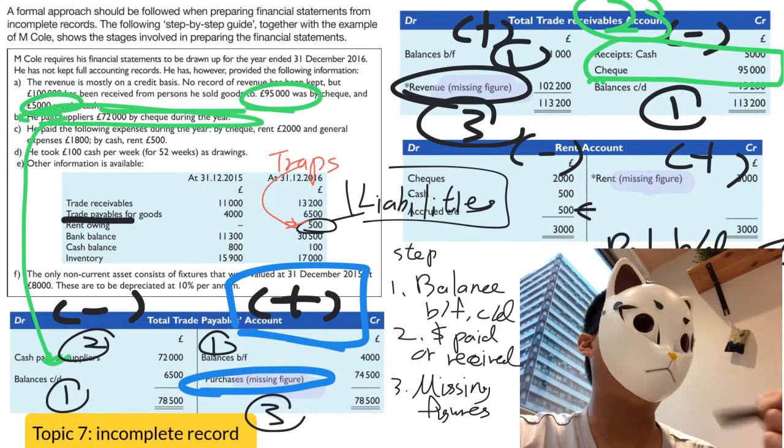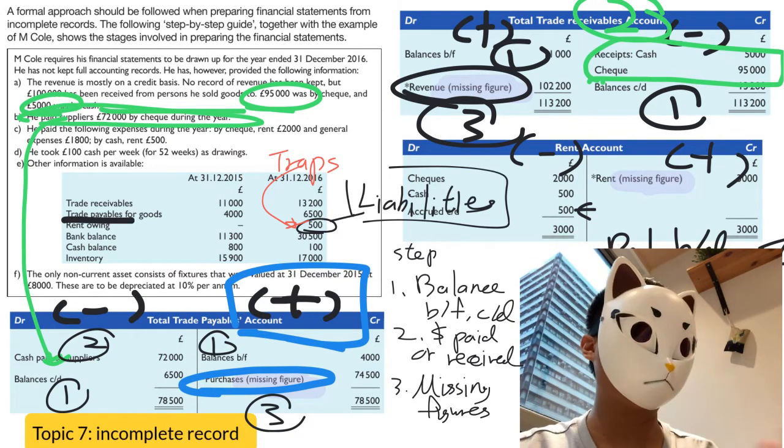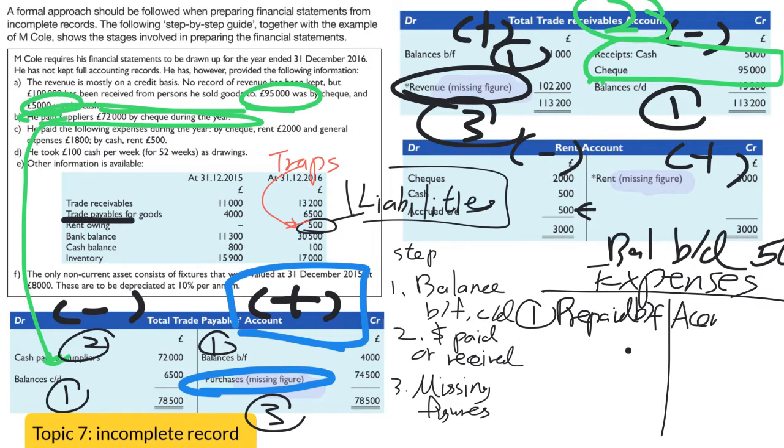Right now, I'm going to give you the T account for the expenses. First of all, for the expenses T account, step number one, you have to put the prepaid brought forward and accrued brought forward on the top.